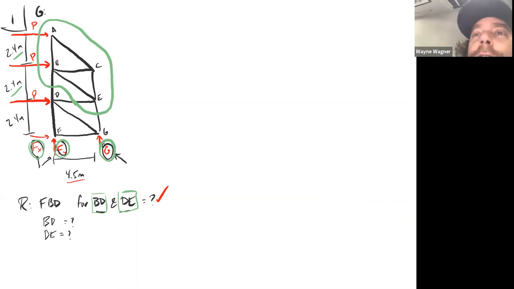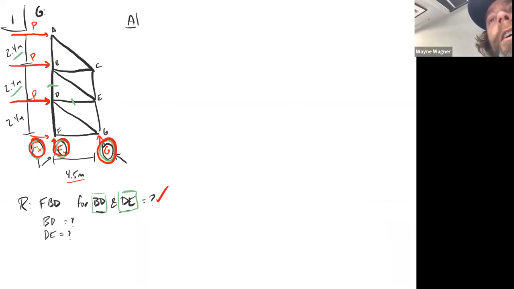Okay, so I'm going to erase this thing right here. I guess I'll leave those little marks because this is where we're aiming for. Normally, a lot of times I'll get into the habit of just solving for these reactions right off the bat. It's not a bad habit, but in this case we can get away with not doing it, because we can start at this top joint. So here's joint A. I'm going to do lots of little free body diagrams.